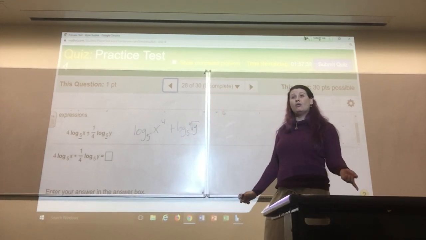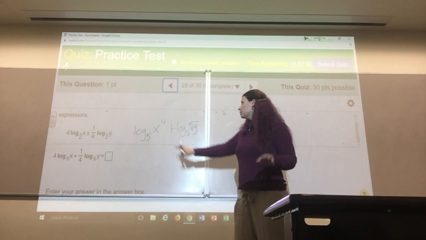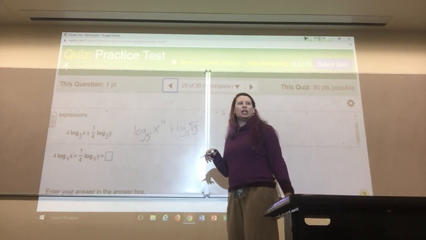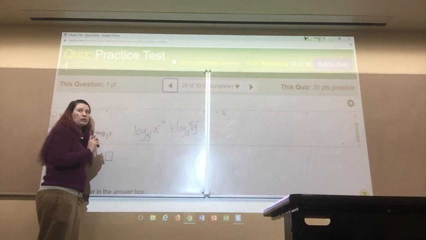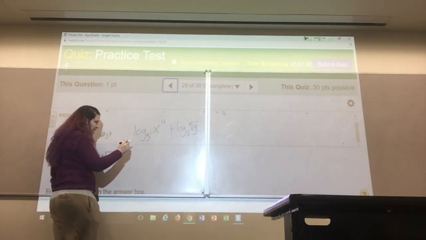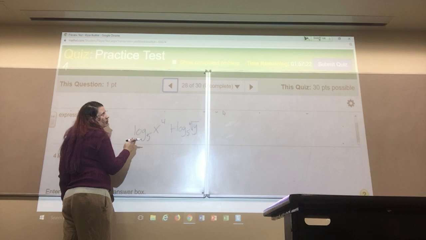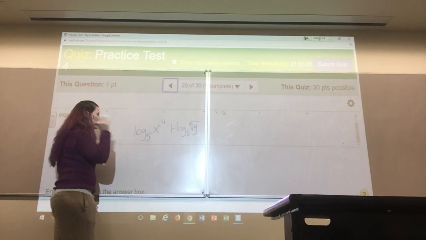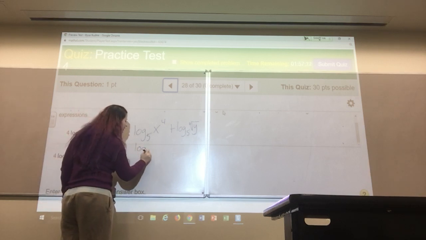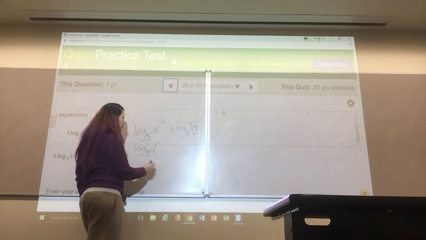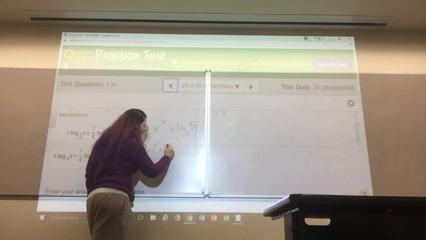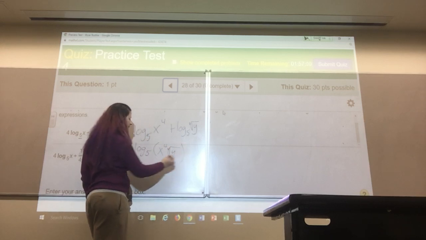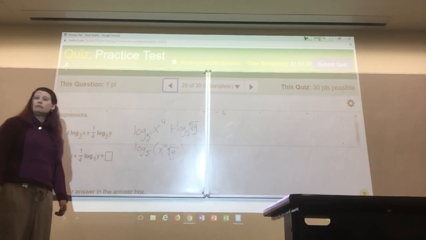Okay, now no coefficients, so we can actually do something about that plus with the same base, right? So what does plus do? Multiplies the insides. So we have log base 5 of x to the 4th times the 4th root of y. Yep. And that's it. That's all we can do.